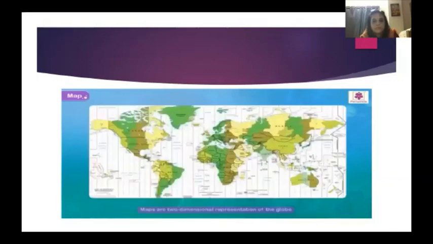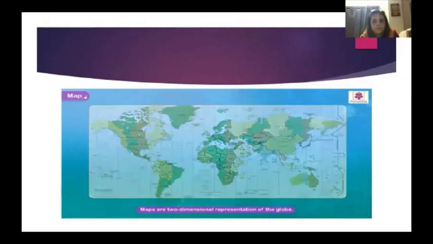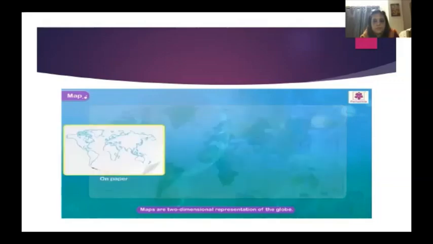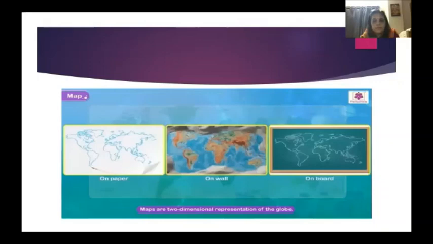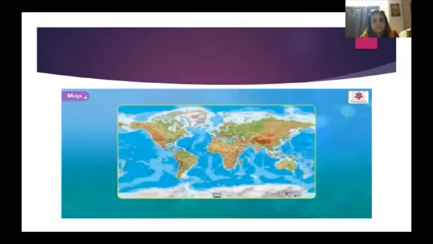Maps are two-dimensional representation of the globe. They are drawn on paper or on a flat surface like a wall or a board and help to understand a specific limited part of the Earth. Maps also facilitate a detailed study of the physical aspect of the Earth.